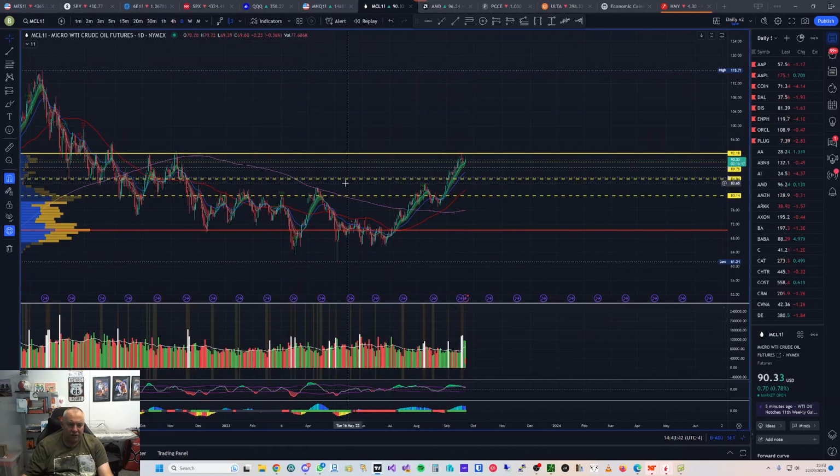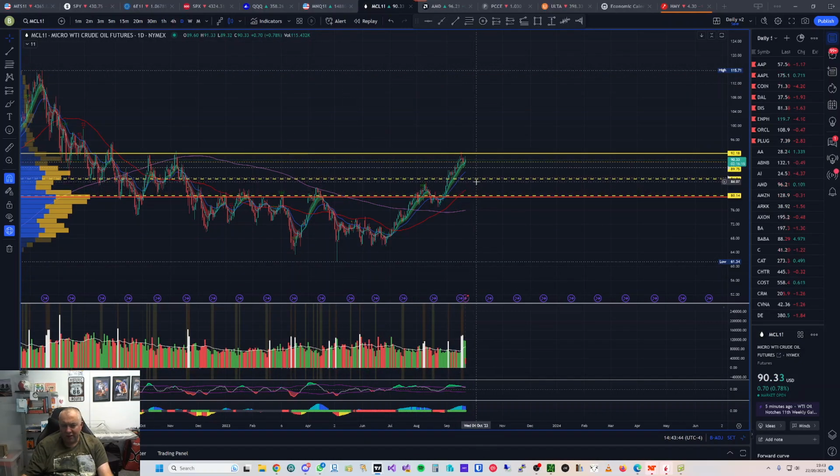I've got my eyes on this area here, which is 84.88 down to 84.44, and I'll be looking to go long if we can come down here with confirmation. So if we can get the oil to retest this level here, then I want to go long, because hopefully we may be putting in a continuation of this trend. That's what I'm looking for.